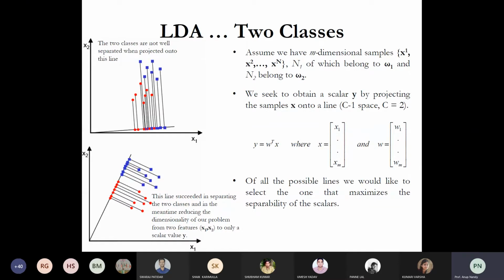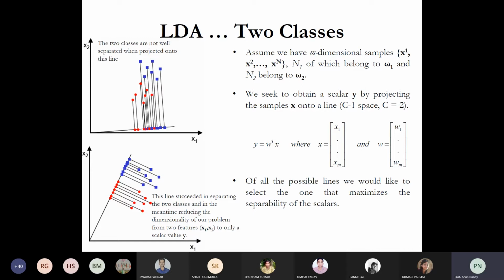From the 2D dimensions you are going to have 1D, because of the c minus 1 hyperplane. If you project the actual data onto the projected line, the dimension is reduced, but LDA will preserve the class discriminatory information.